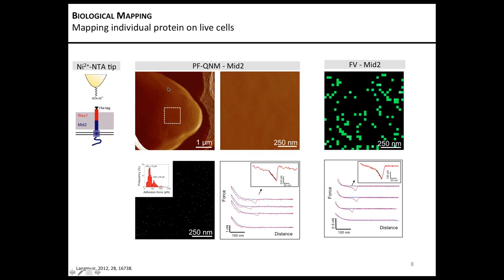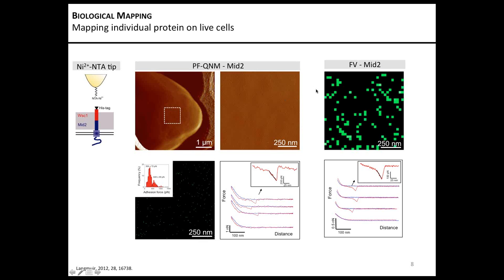Here you have an image of the yeast cells, which are trapped in the polycarbonate membrane, and you have a higher resolution imaging, and at the same time, this is the adhesion channel where you see the green spots as single interactions. So this is the kind of curve that you can extract from the PeakForce image, and you see a single peak with an adhesion value around 300 piconewton, which is the good value for a His-tag NTA interaction at such a loading rate.